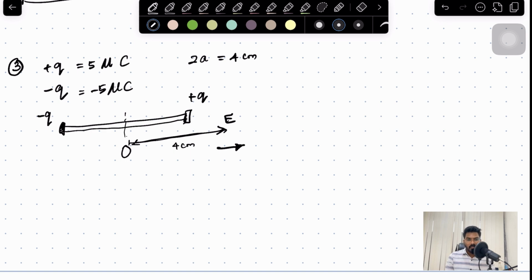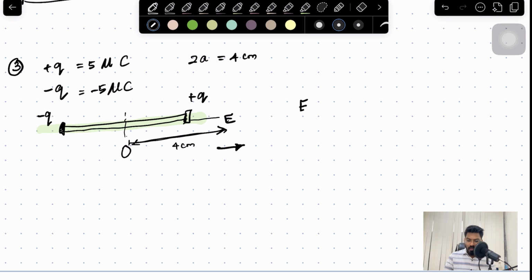Now what is the axial electric force? Because it passes through the axis, the axis of the dipole, if you look at, would be like this. So this point, whatever we have, is also passing through the axis. That's why it's axial electric force.